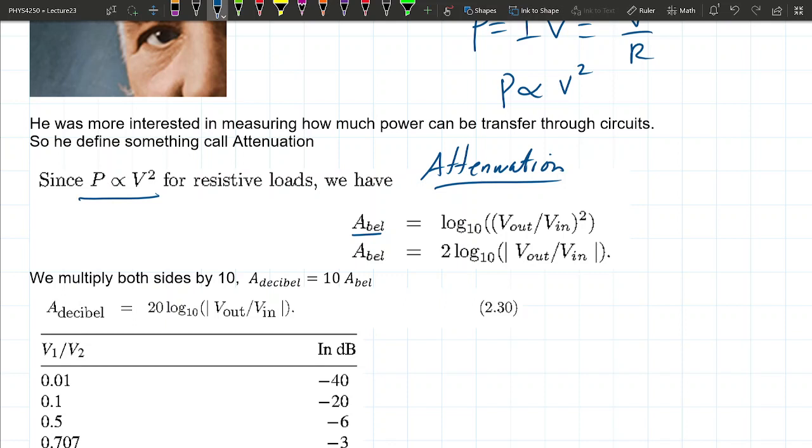Since power is proportional to the voltage squared, whatever that is has to be proportional to the output voltage divided by the input voltage, but there's a square involved because of this relationship between power and voltage. Okay? At least now you know where this 2 comes from, right?